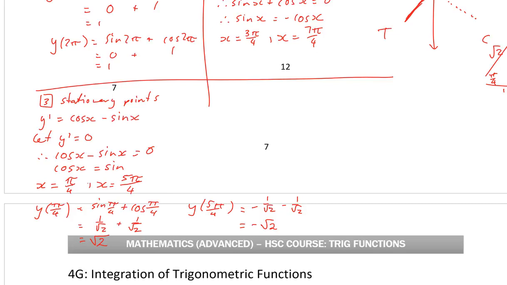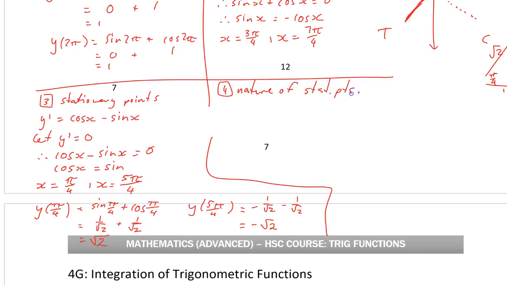Now we really should work out the nature of those stationary points, and I prefer to do these with a second derivative. The textbook prefers to use a table of values and look at what's going on either side. I would rather look at the second derivative at those points to see if it is positive or negative. So I just need to quarantine that there, say for nature of stationary points.